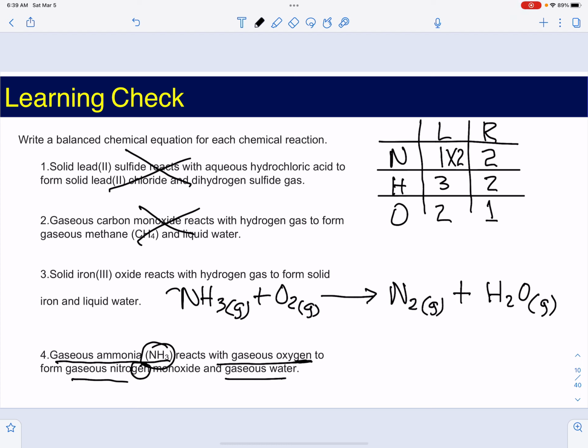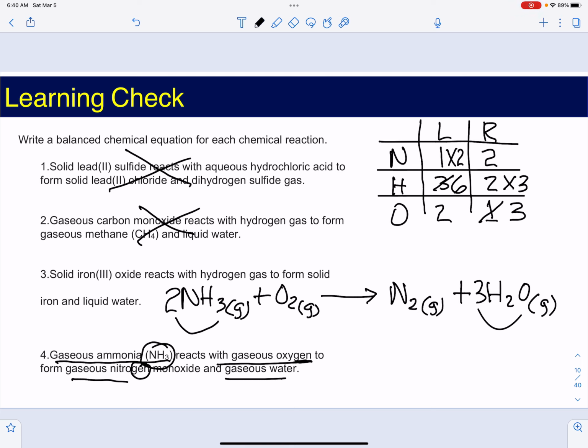So we're gonna multiply by 2 where the ammonia is, which is also going to affect the hydrogen. So now I'm gonna have 6 hydrogens. So now let's fix that on the right side. We're gonna multiply by 3 where the hydrogen is, which is also going to affect my water. So this is gonna become H2O with a 3.